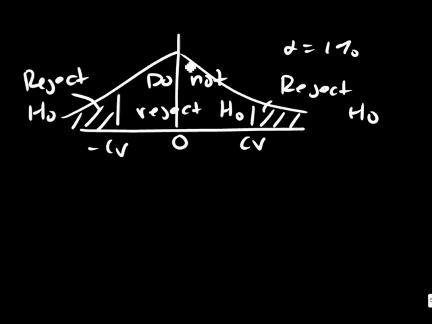That's important because when we work backwards using our z-table, we find a critical value of 2.575, and a second critical value of minus 2.575.